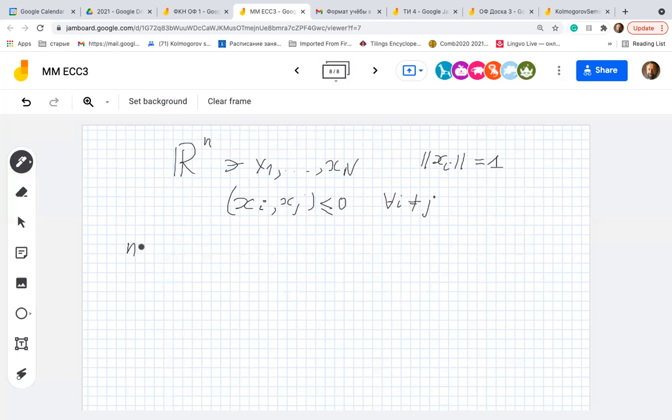For example, in one dimension, we can choose two such vectors, +1 and -1. So for dimension n=1, there are at most two such vectors. For the plane, we can choose three such vectors if we want the inner product to be negative, and four even if we also allow right angles.